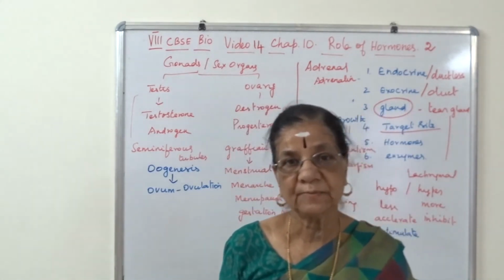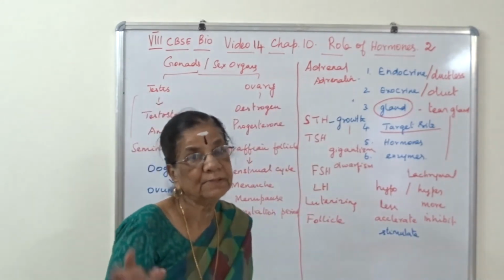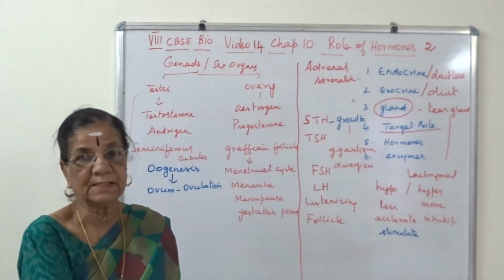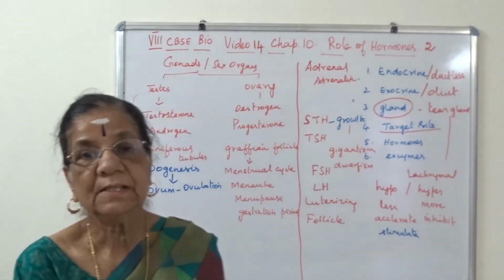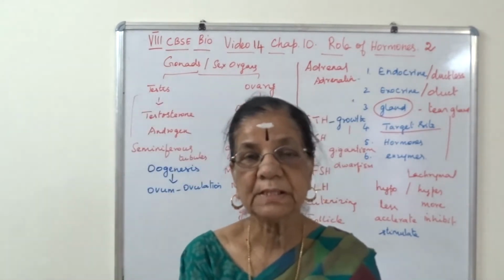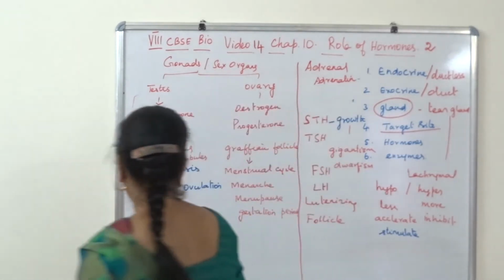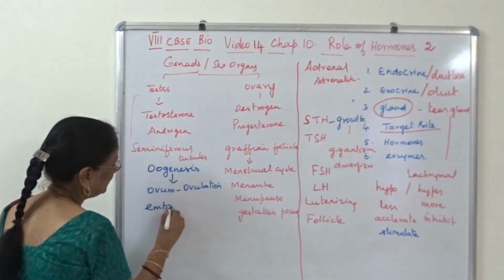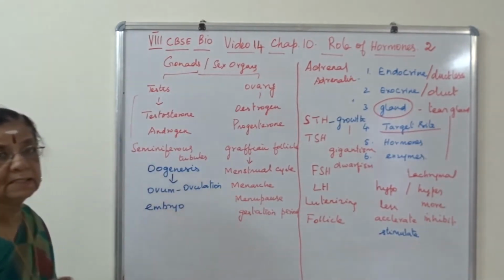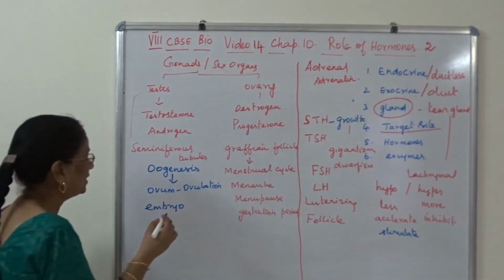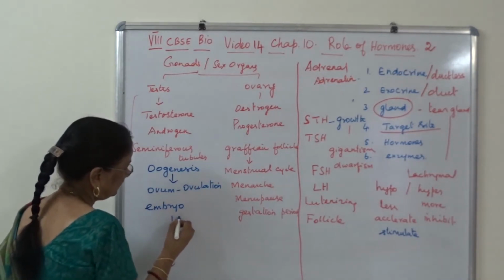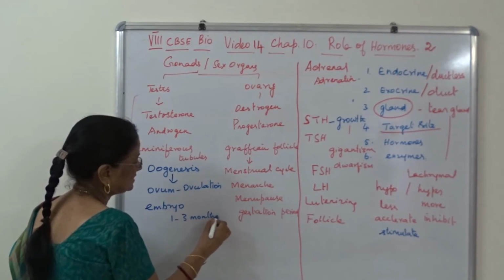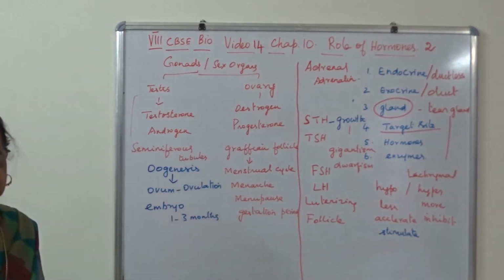I hope you understand. Again, if that ovum gets fertilized, then it will start developing into an embryo. From the fertilized egg up to 3 months, it is termed as embryo.